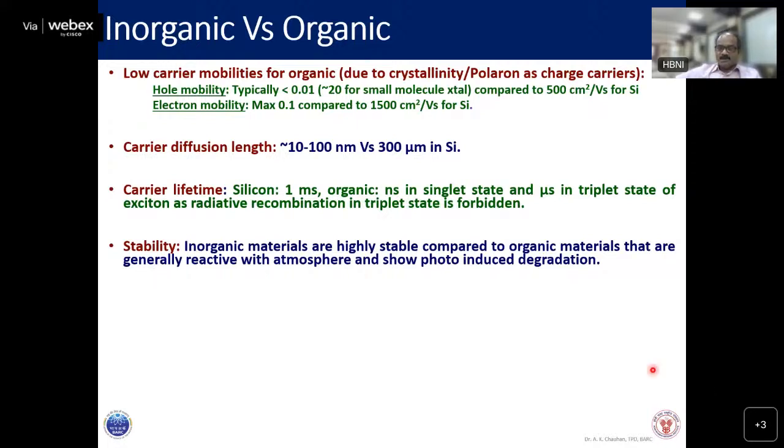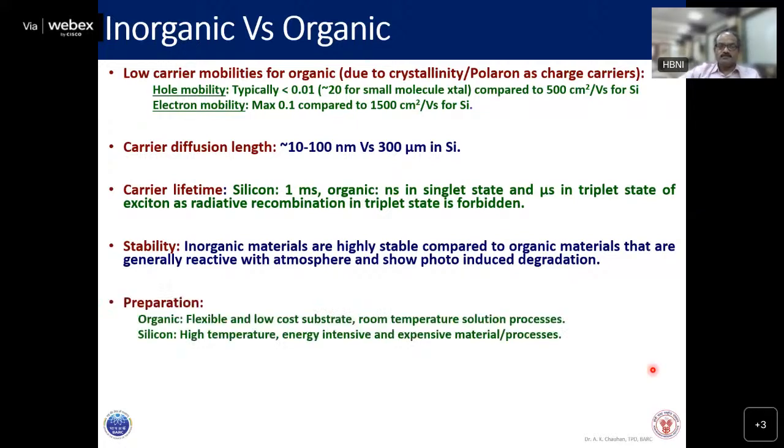Inorganic materials are highly stable compared to organic materials, which are generally reactive with atmosphere and show photo-induced degradation. In preparation, for organic, flexible and low-cost substrates and room temperature solution processing can be used. So preparation-wise, organic devices using organic semiconductors are very easy. On the other hand, to prepare using silicon, you need very high temperature furnaces.